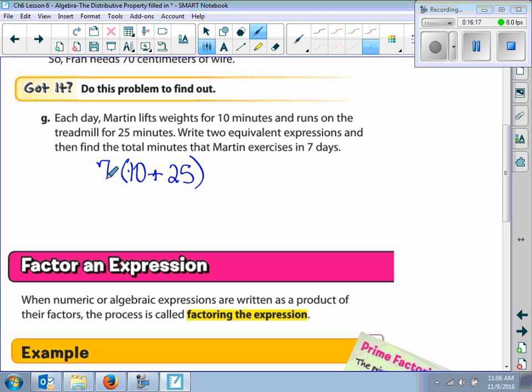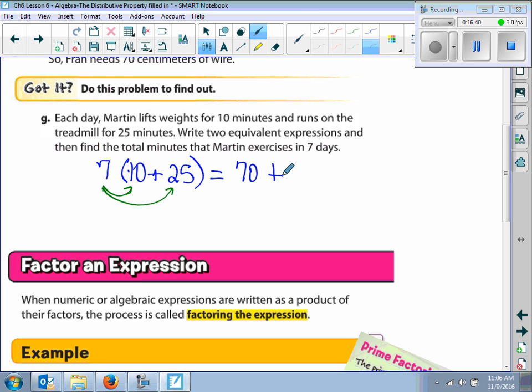Is everybody clear with that? Yes. So, we are going to take that 7 and distribute it throughout the parentheses. That's why they call it the distributive property. So, 7 times 10 is 70, plus 7 times 25 is 175.